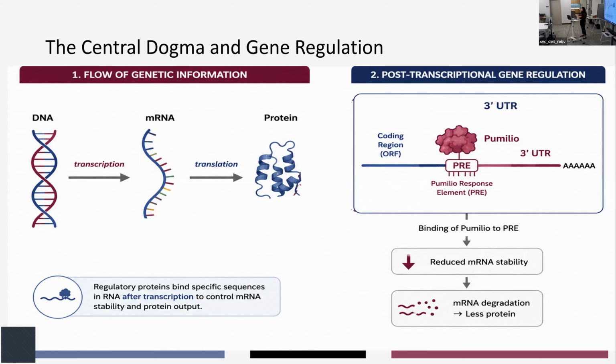One of the ways that the cell controls this protein production is after DNA to mRNA. And this is called post-transcriptional regulation.